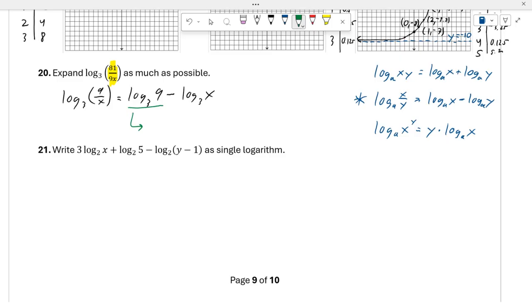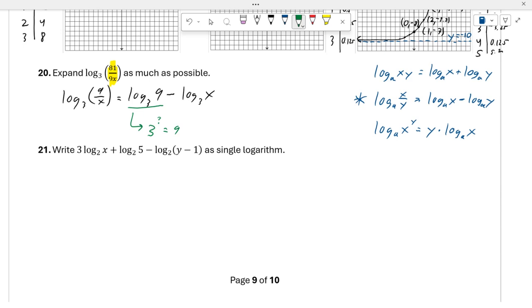And if you convert this to exponential form, well, it's saying your base is 3. You're going to raise that to something. I can't use x because I'm already using x, but I don't want to introduce a new variable, so I'm just going to say something. And that equals 9.